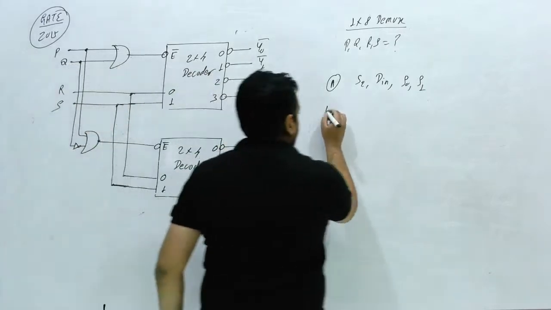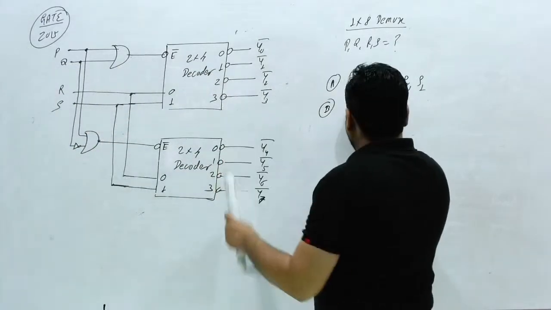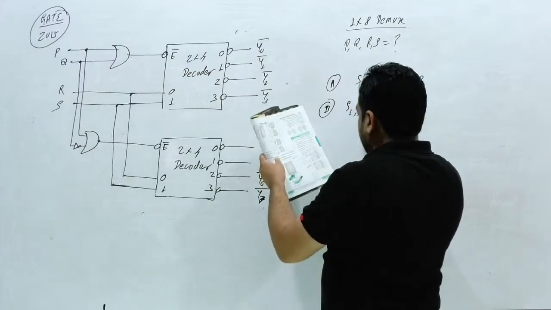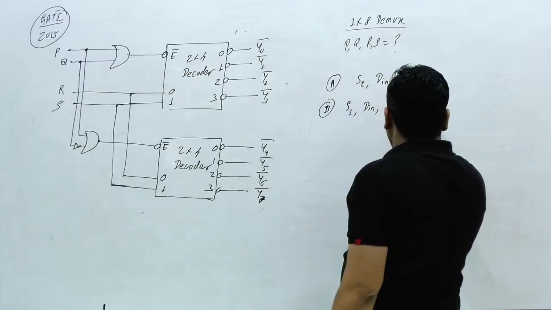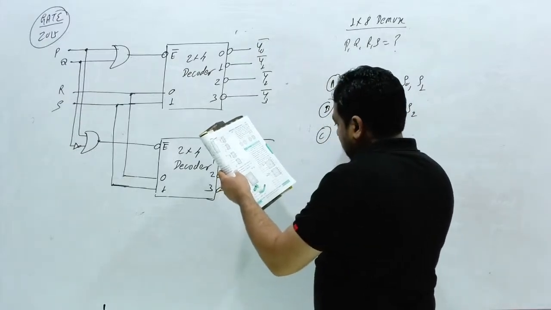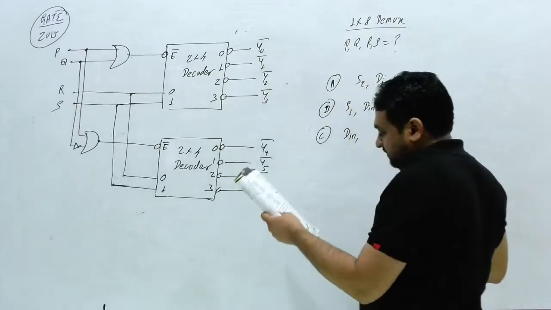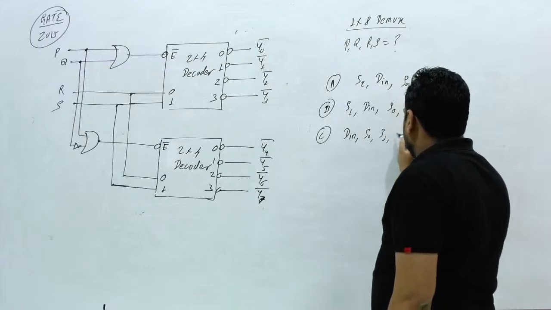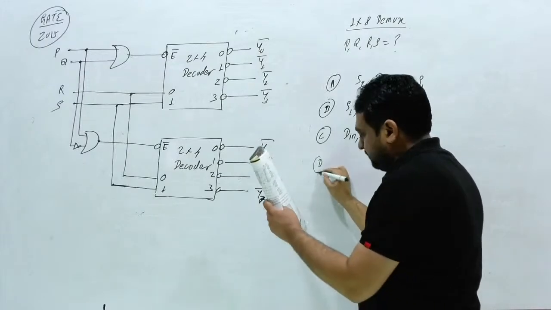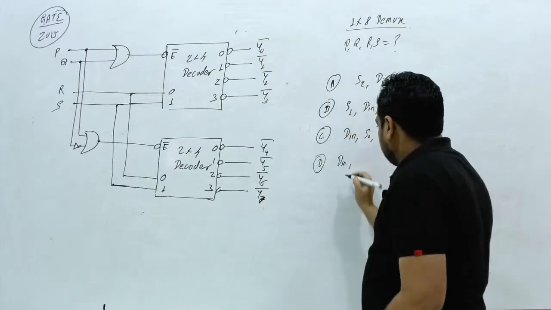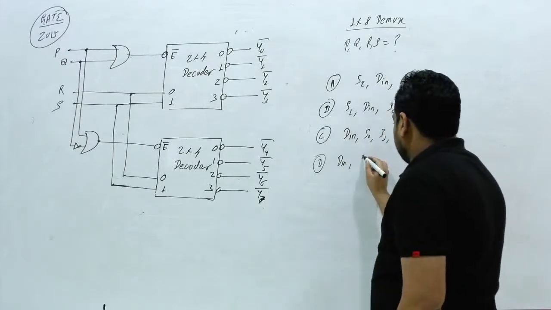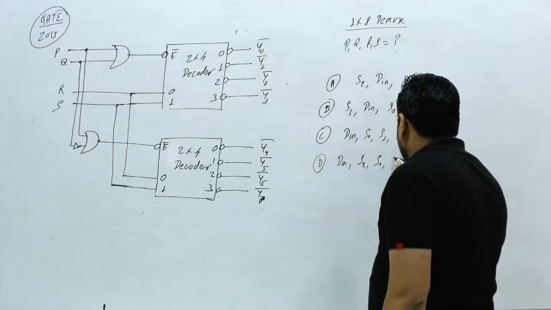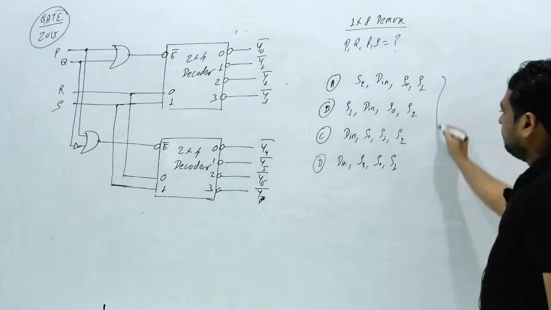Second option B: S1, D in, S0 and S2. Option C: D in, S0, S1, S2. And the last option is D in, S2, S0, S1. Now you have to find out this quantity.